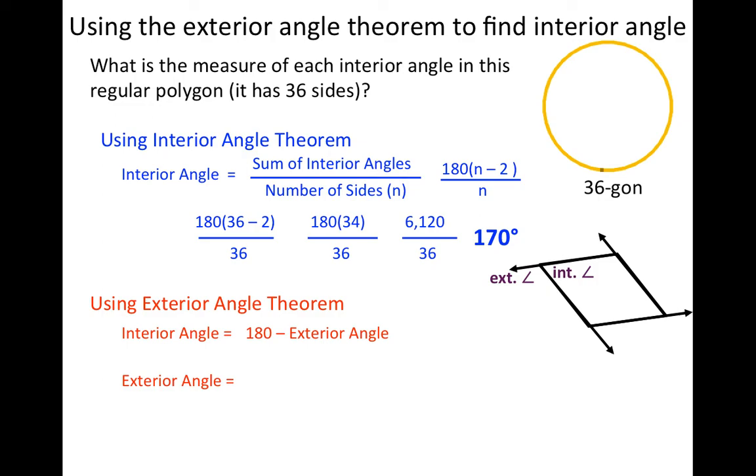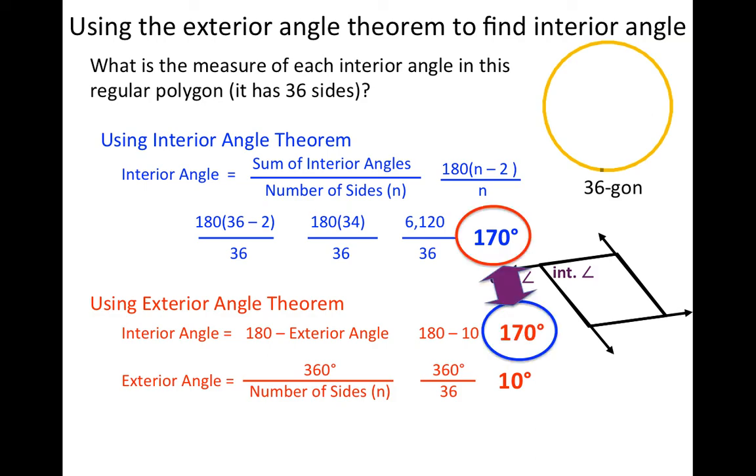So the exterior angle, as we know, is equal to 360 over the number of sides. And in this case, the number of sides is 36. So 360 over 36 equals 10. So now we know the exterior angle is 10. Well, to find the interior angle, we take 180 minus the exterior angle, which is 10, which gets us 170. And that's the same answer as we got using the interior angle theorem.